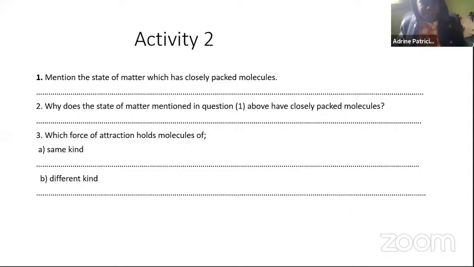Which force of attraction holds molecules of the same kind?